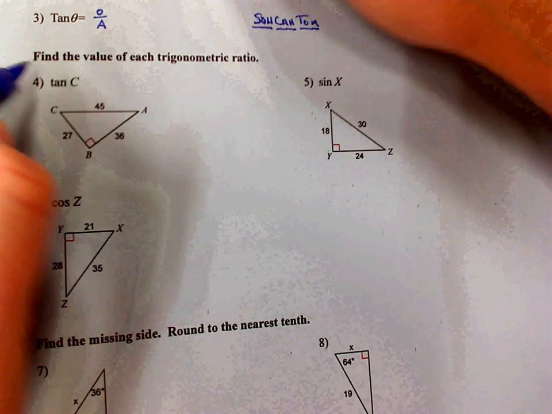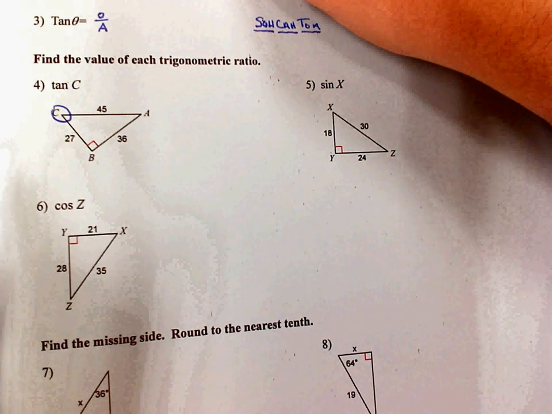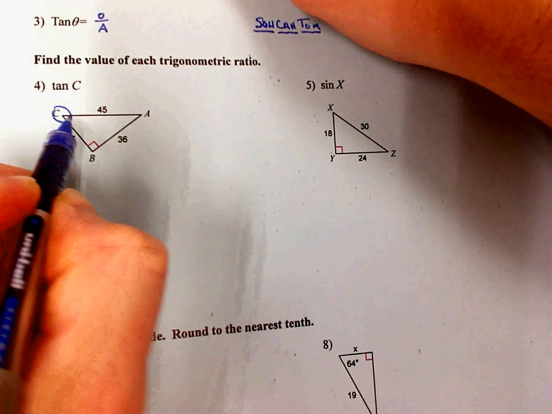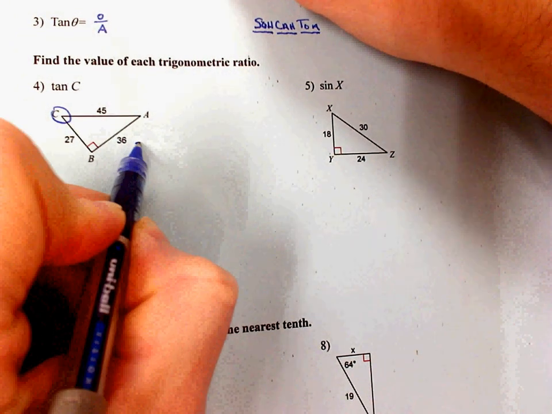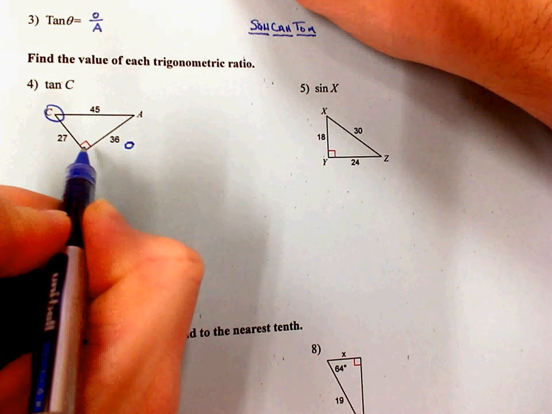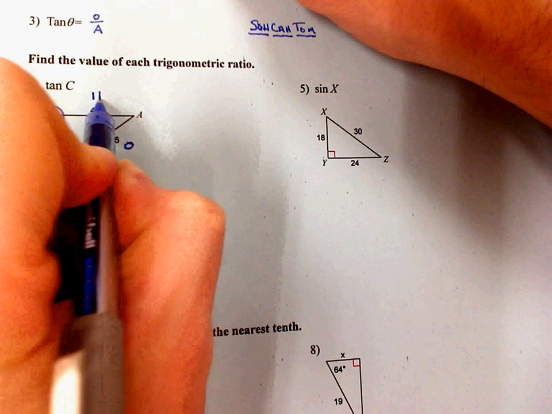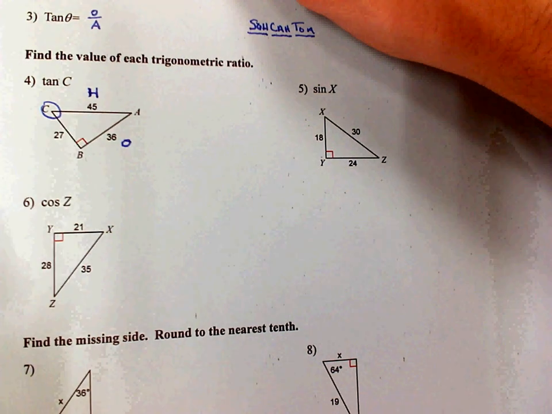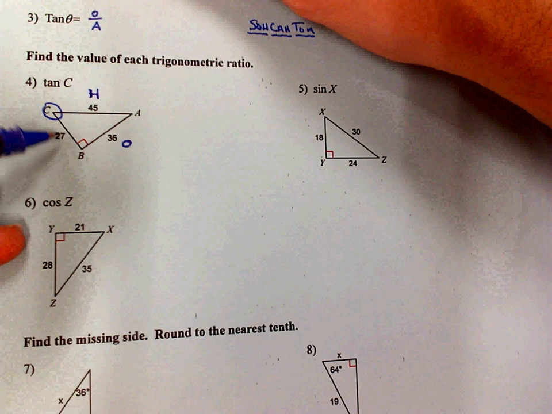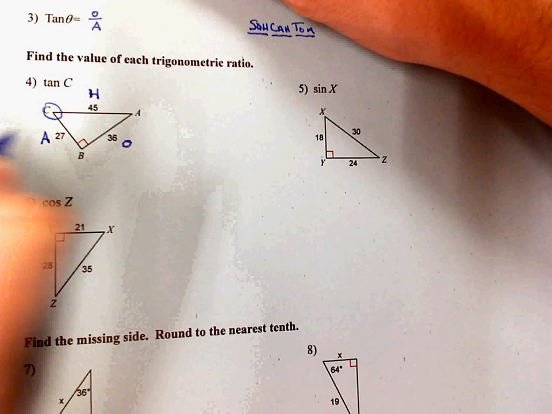Now first off, C is represented by this angle right here. So if we're at this angle right here, we need to keep in mind that the one across from it, the other side, is called the opposite. We need to find the 90-degree angle. The one across from the 90 is the large side, so it's always what we call the hypotenuse. Leaving the one next to it over here on the side, and again, next to means adjacent, so we're going to name that one the adjacent side.